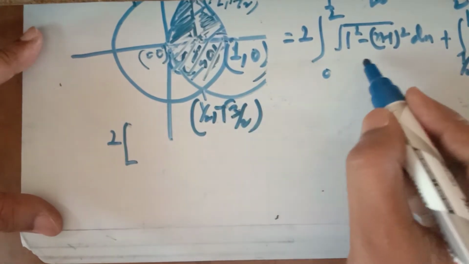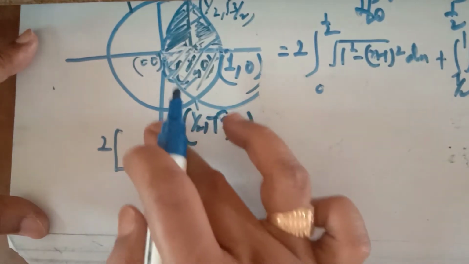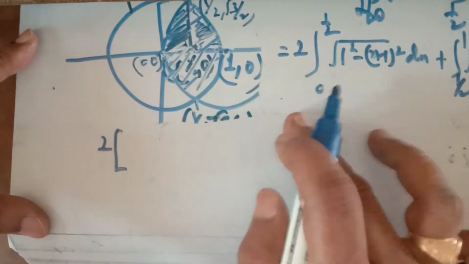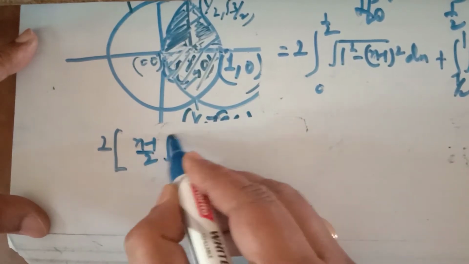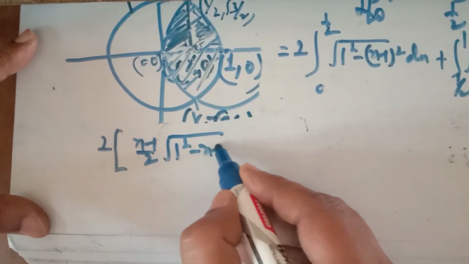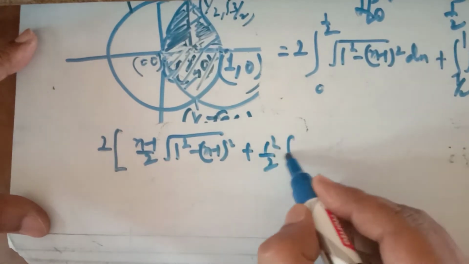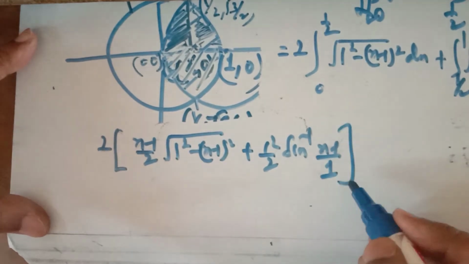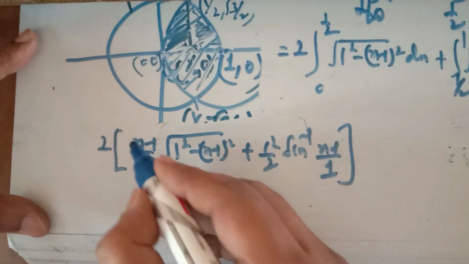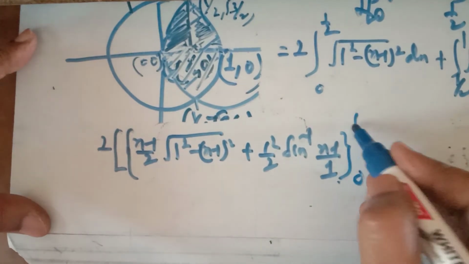It will be twice, the special integral: under root a square minus x square, x by 2. So in place of x we have x minus 1, so x by 2 under root a square minus x square plus a square upon 2 sine inverse x upon a, that is 1, from 0 to half.